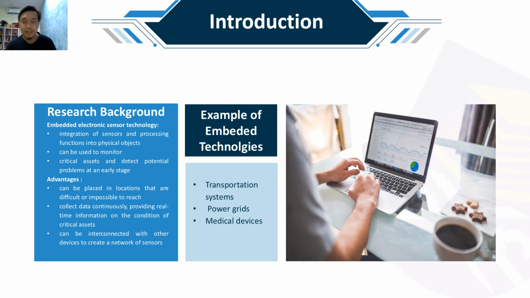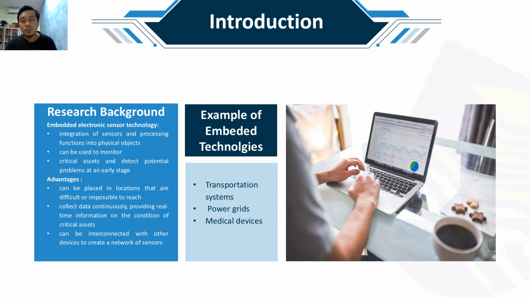and reduce the downtime. There are a number of benefits to using embedded electronic sensing for critical asset monitoring. The first one, embedded sensors can be placed in locations that are difficult or impossible to reach with traditional sensors.